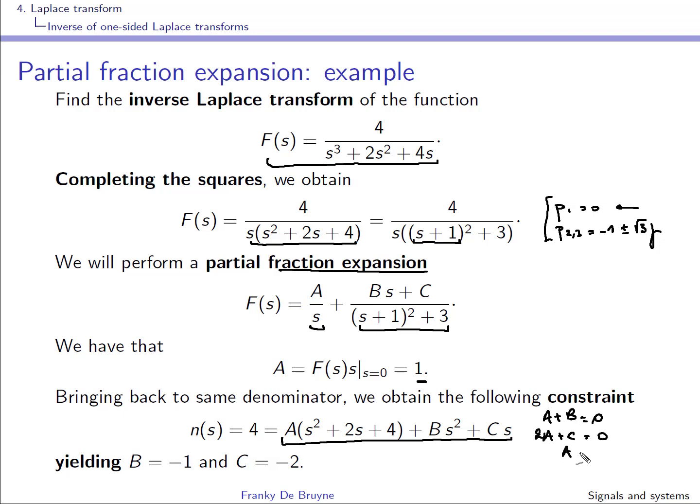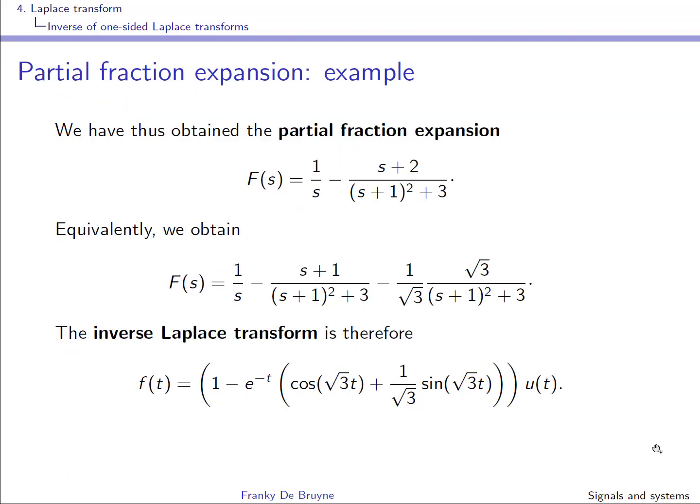We know that a is equal to 1. Okay, so this leaves us with b is equal to -1 and c is equal to -2. So this is what we have obtained. We had a is equal to 1, b is equal to -1, and c is equal to -2. So this is what we obtain.